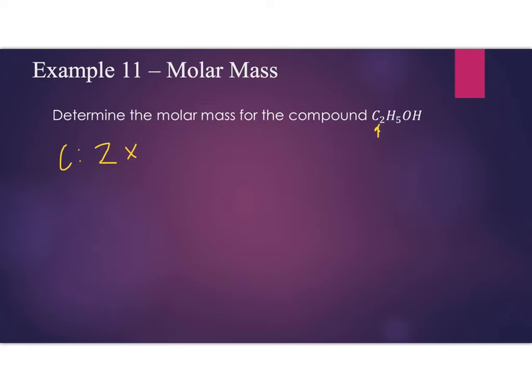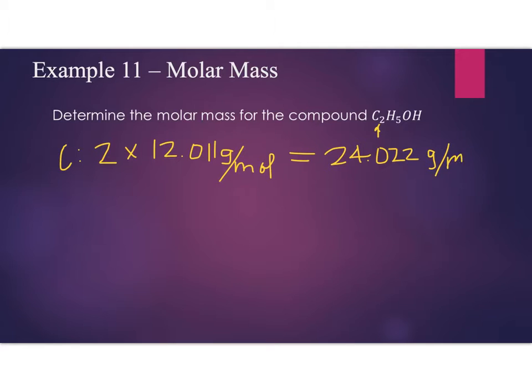Remember, the molar mass comes off your periodic table, and if we look that up for carbon, it's going to be 12.011 grams per mole. So when I multiply 12.011 by 2, I end up with 24.022, and again, this is going to be grams per mole.